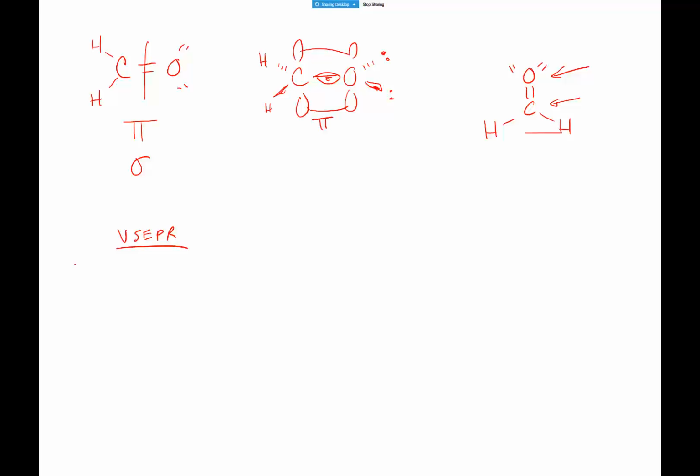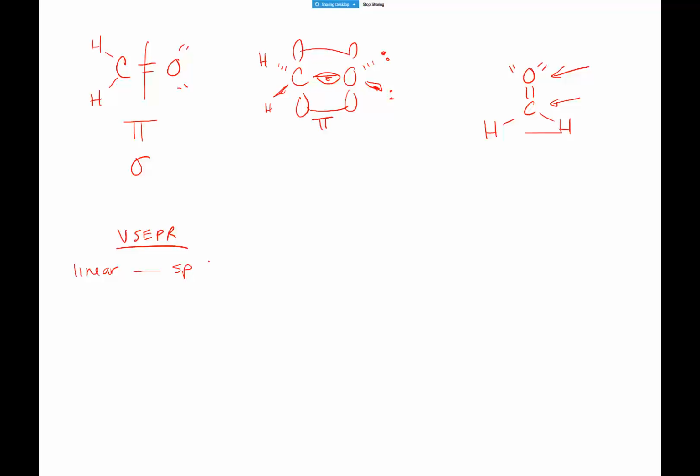So if we have a linear VSEPR geometry, that corresponds to what kind of hybridization? Well, it's going to correspond to sp. Okay. And remember, for the sp hybridization, we had two hybrid orbitals.